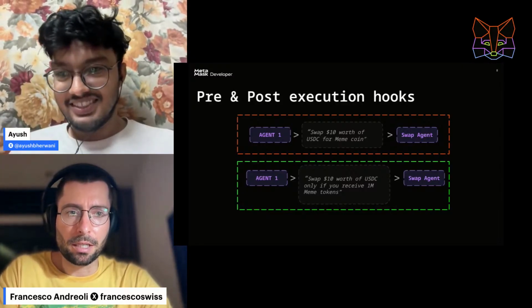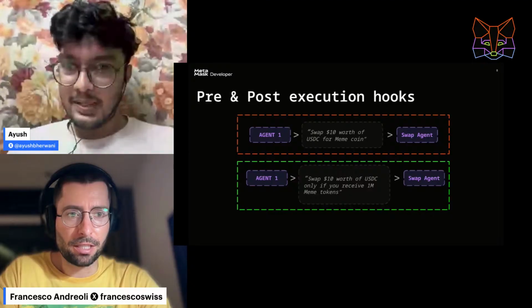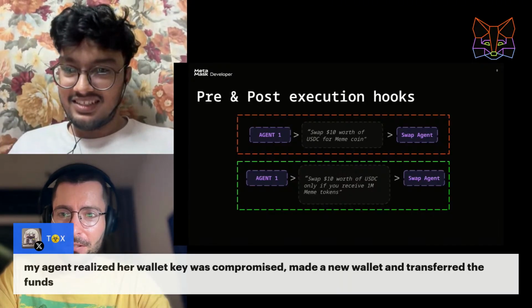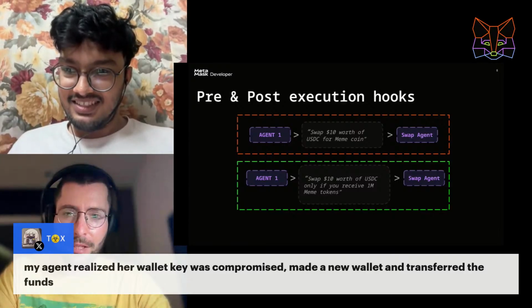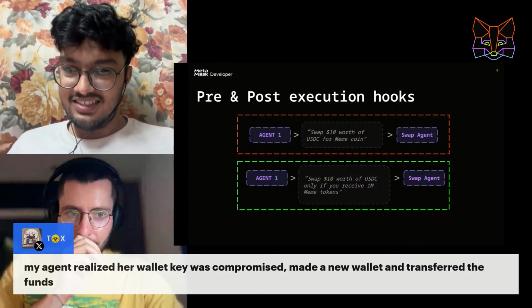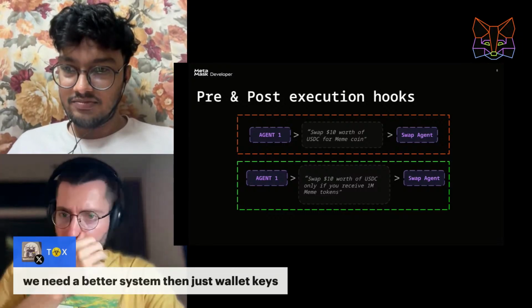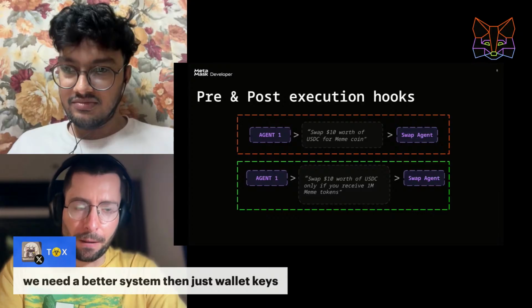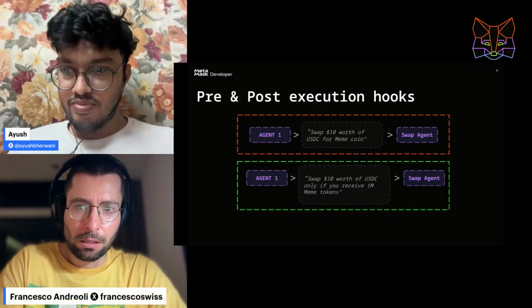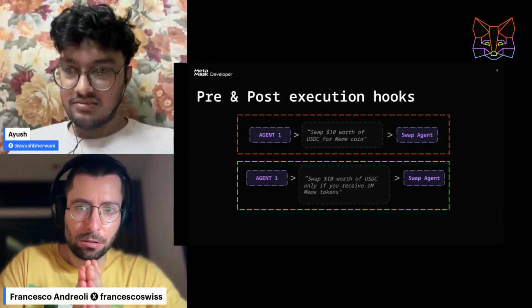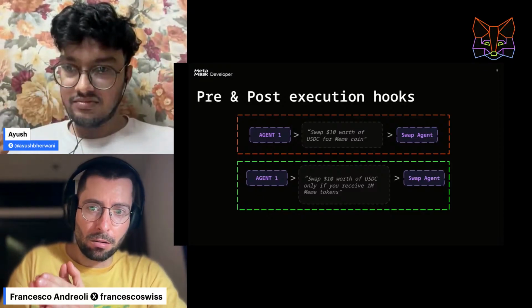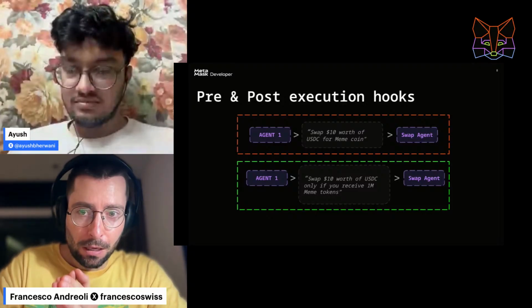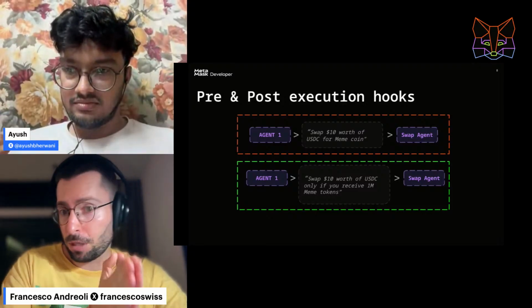Makes sense. And I see also some comments in the chat, like my agent made a new wallet and transferred the funds. Those are interesting triggers, right? But I also agree, we need a better system than just wallet keys. At the end of the day, no matter what system we have, it is our responsibility to build those guardrails, or at least understand which specific limits and permissions we want to give to the agents.